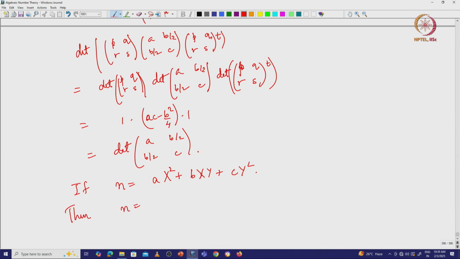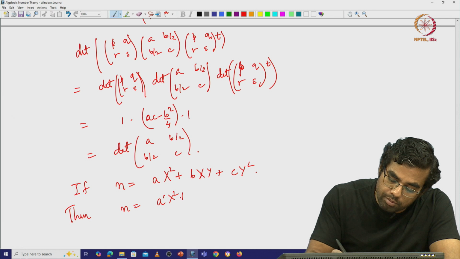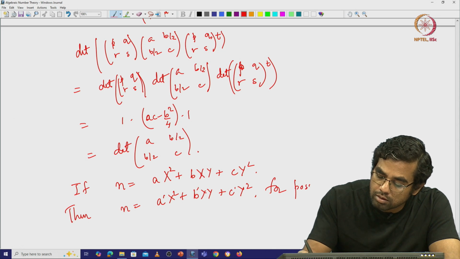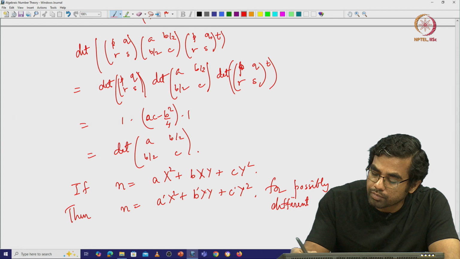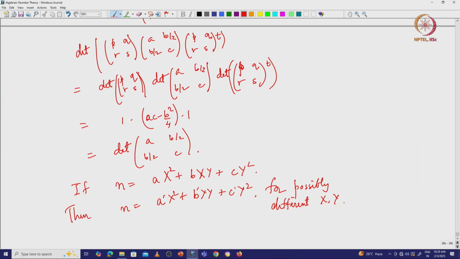Then n is also equal to a' x square plus b' xy plus c' y square for possibly different x and y. What is the x and y that you get? Another way of writing n is (x, y) times (a b/2; b/2 c) times (x, y) transpose.